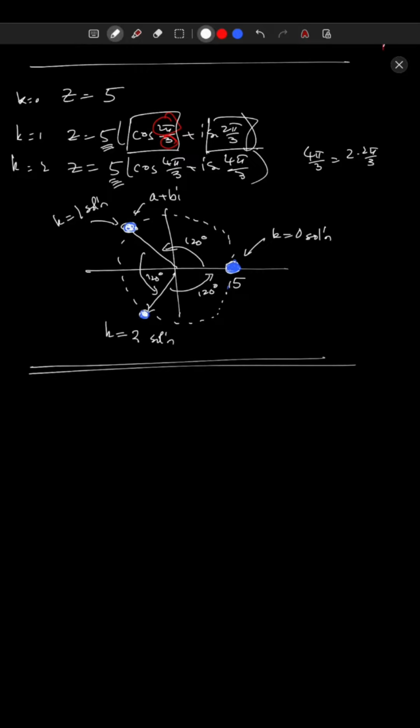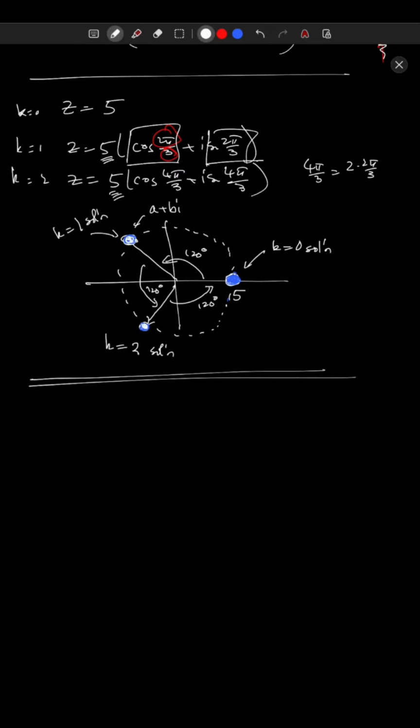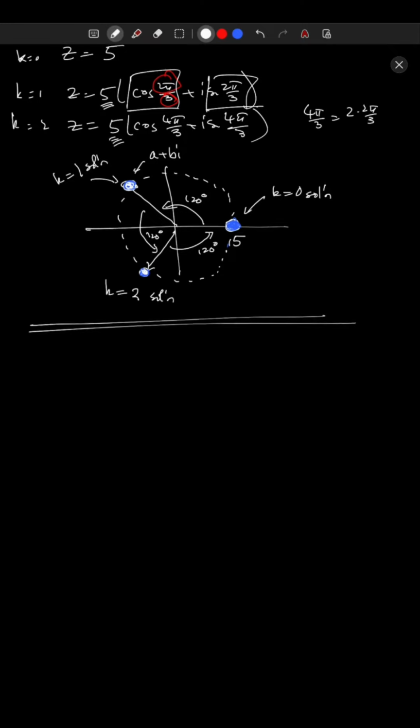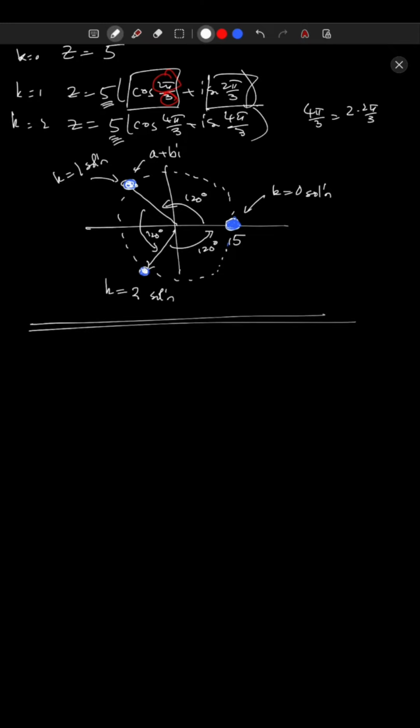But generally, we can just leave them like this. So this is solving for these roots, in this case, the cube root of 5. We can do this with solving any. All right. So this is 6.3.